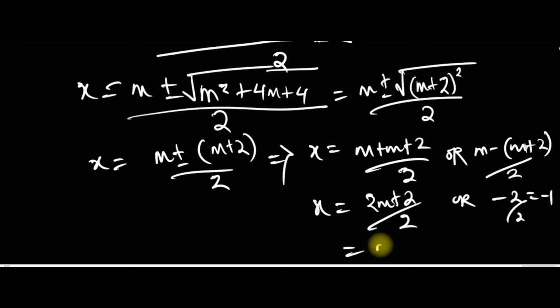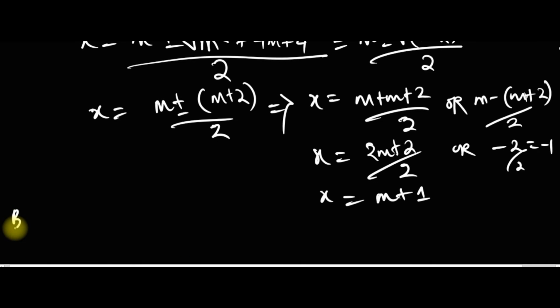Here it is m plus 1. So we have two answers, but x is always greater than or equal to 2. Meanwhile, our answer must be in terms of m. So our number base x is m plus 1.